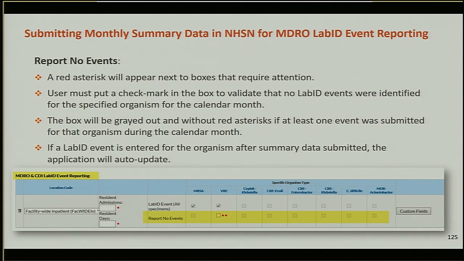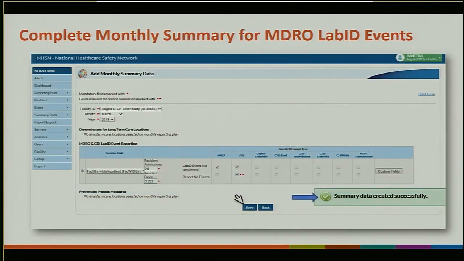So what you would have to do is just put a check mark to acknowledge, yes, I performed surveillance, but we did not have any VRE. Here, it's grayed out, and there's no red asterisk, so you don't have to do anything there. So you put your little check mark, and then you save it, and you're done. And this is what it will look like.